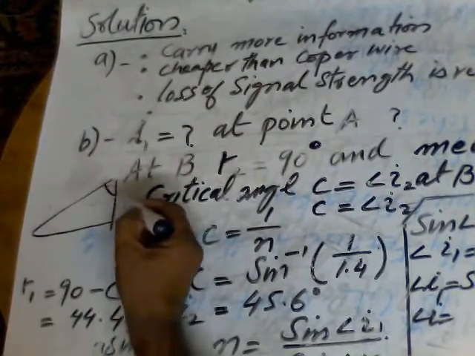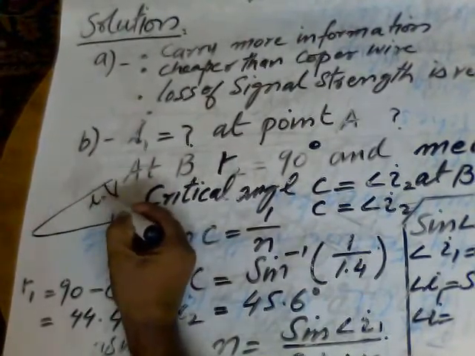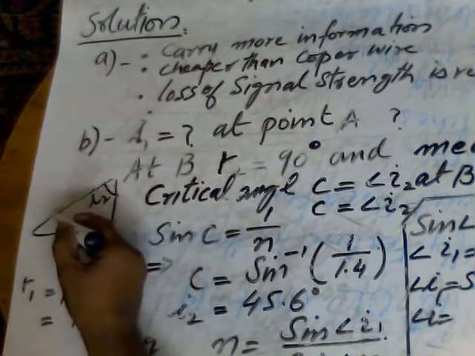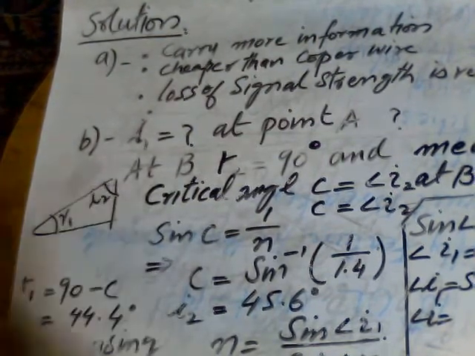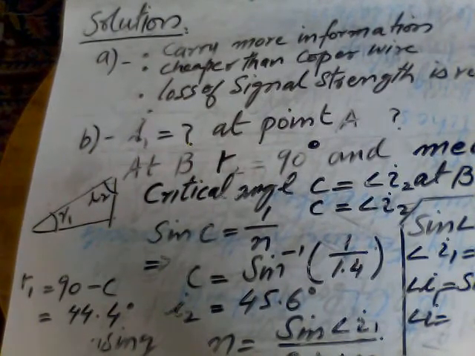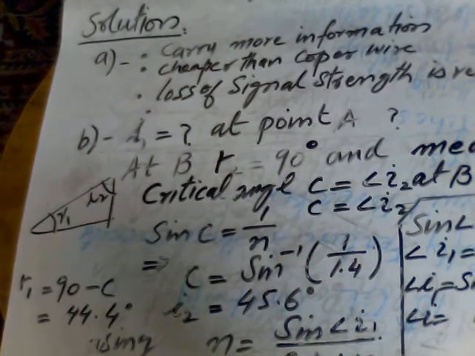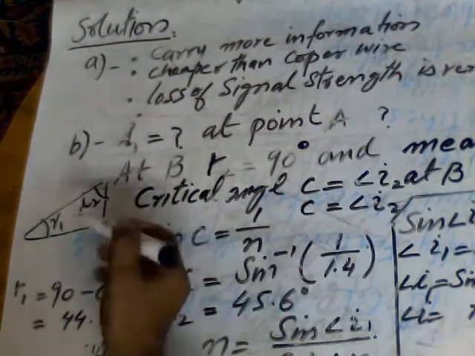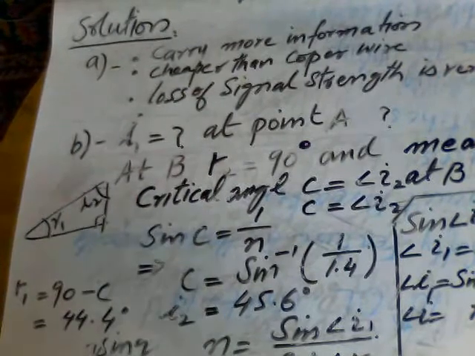Now I told you that I form a right angle triangle there, that now we have to find angle of incidence, I2, this one. We have to find angle R1. In the beginning, on the page I showed, this angle is 90.